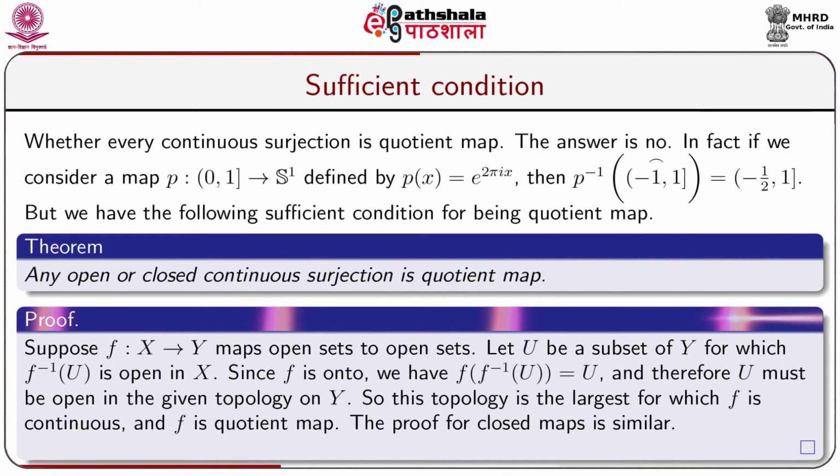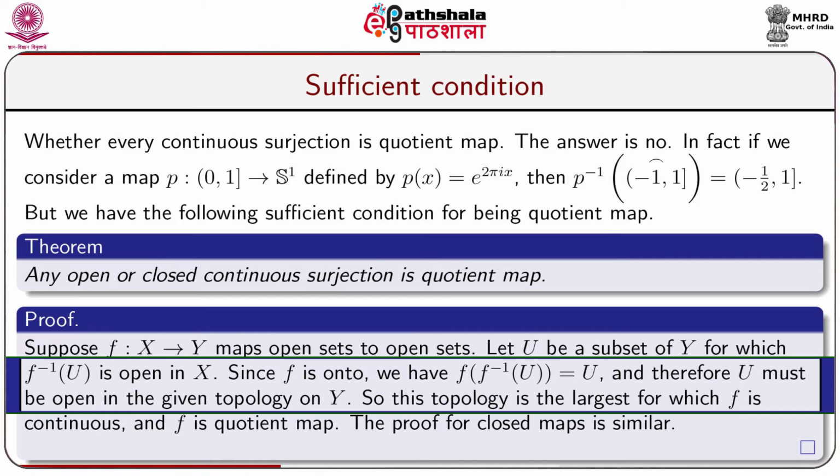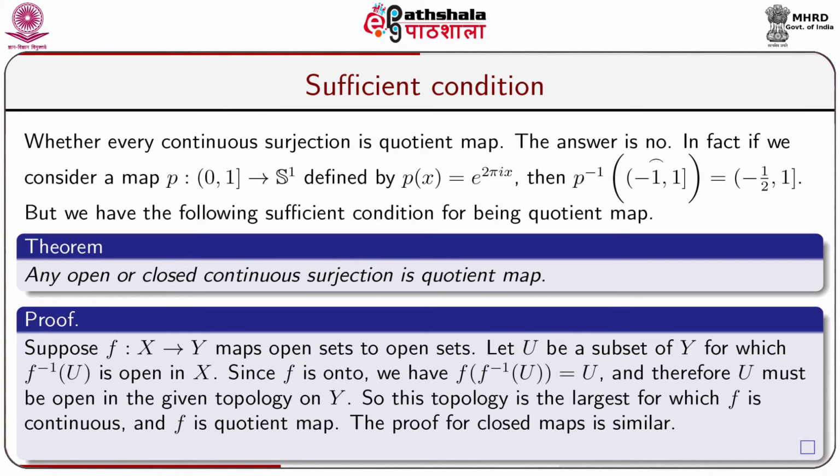Now, let U be a subset of Y for which f inverse of U is open in X. We have to prove that U is open in Y. Since f is surjective, we have that f of f inverse of U is equal to U. Therefore, U must be open in the given topology of Y. So, this topology is the largest for which f is continuous and thus f is a quotient map.